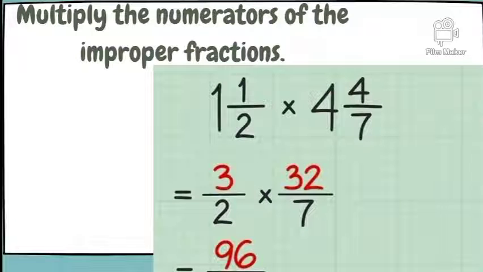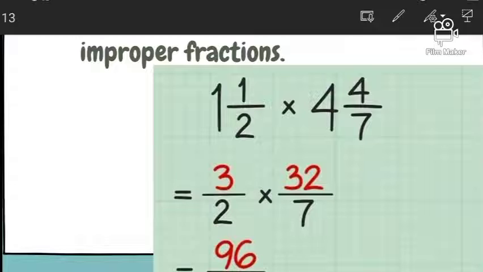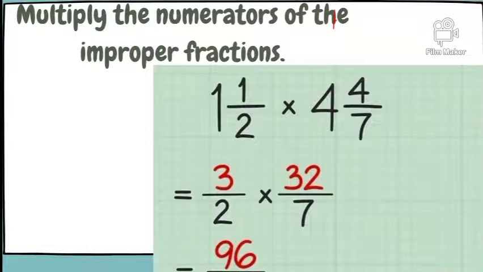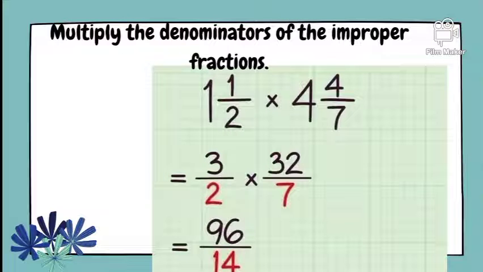Our next step is to multiply the numerators of the improper fractions, which is 3 times 32. 3 times 32 is 96. Also, we multiply the denominators, which is 2 times 7, which is now 14.